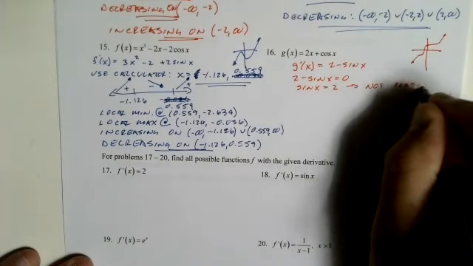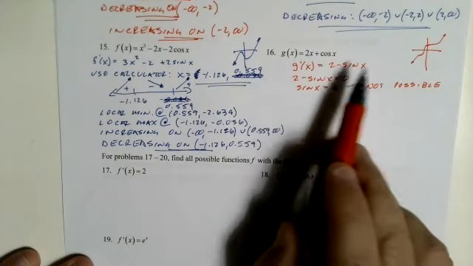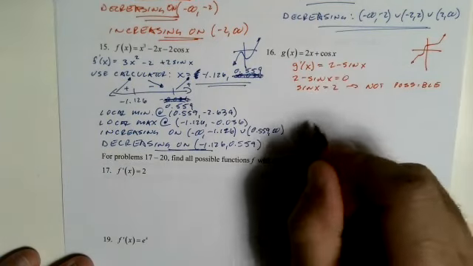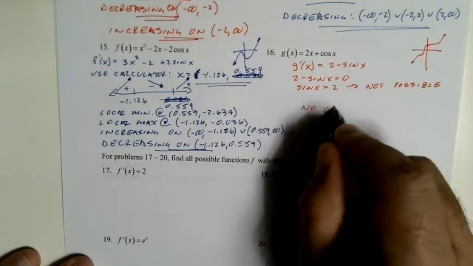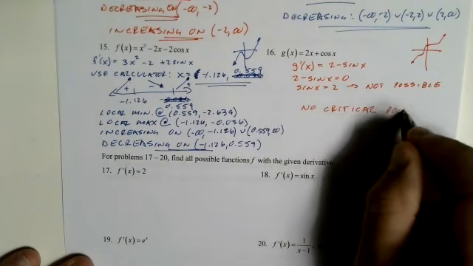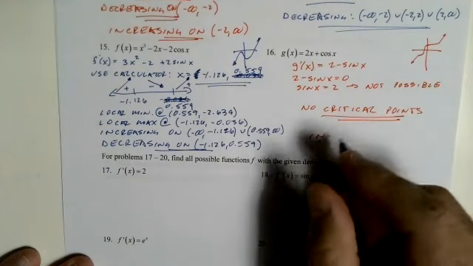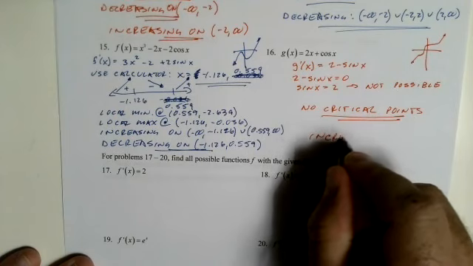So we just plug one value into the derivative, plug in 0, we get a positive number, so it's going to be no critical points. It's going to be increasing always.